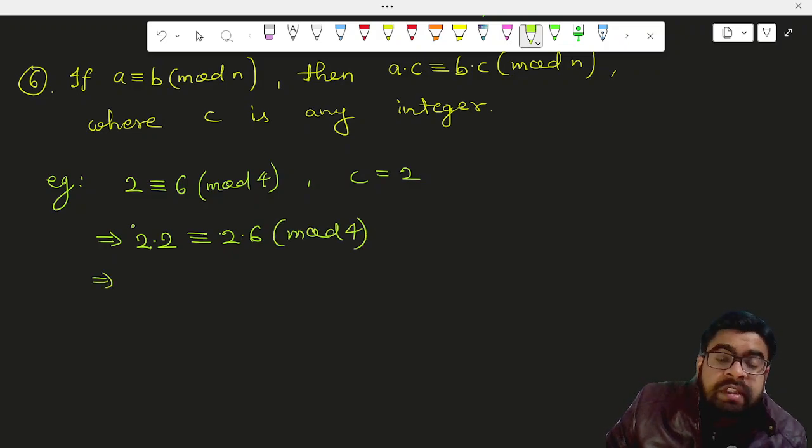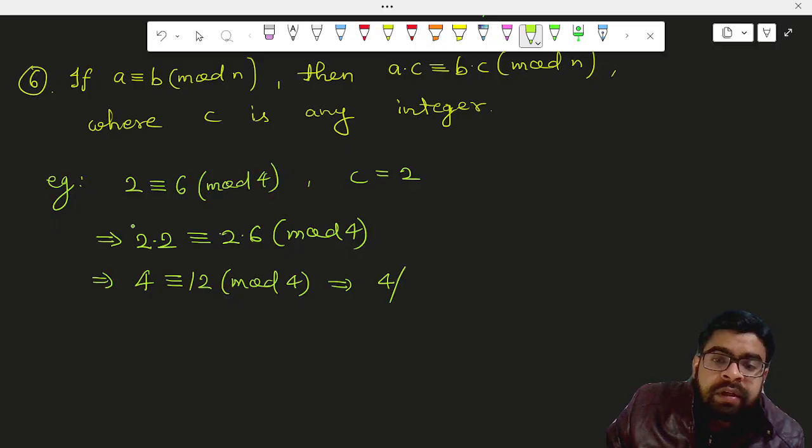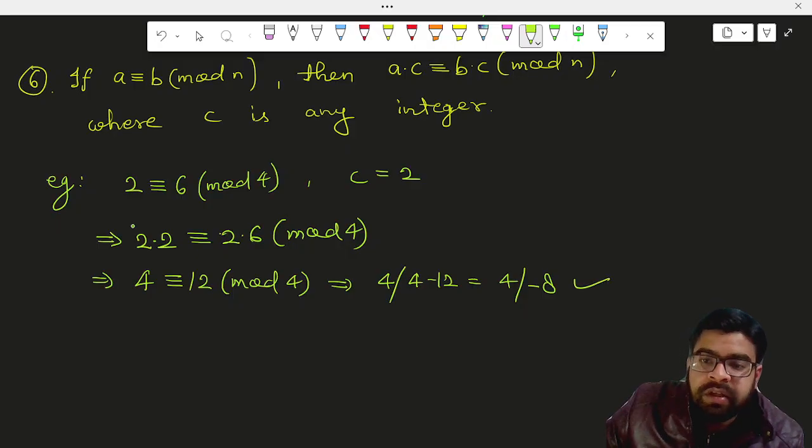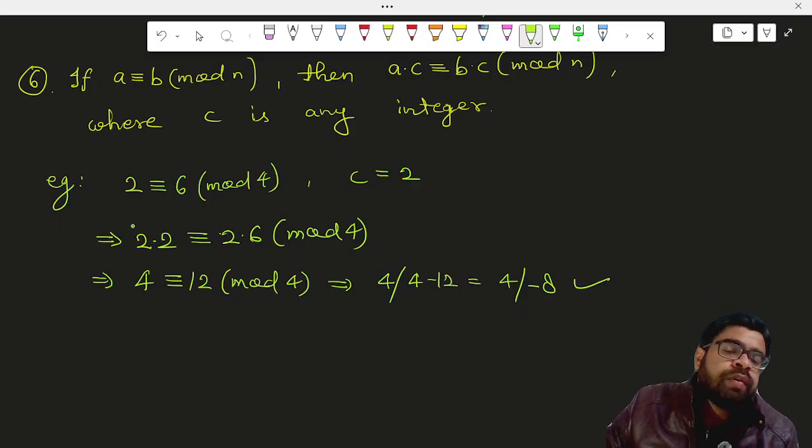See, is it true or not? So we can write here 4 congruent to 12 modulo 4. So we can write 4 divides 4 minus 12, and hence 4 divides minus 8, which is true. So this property always holds.